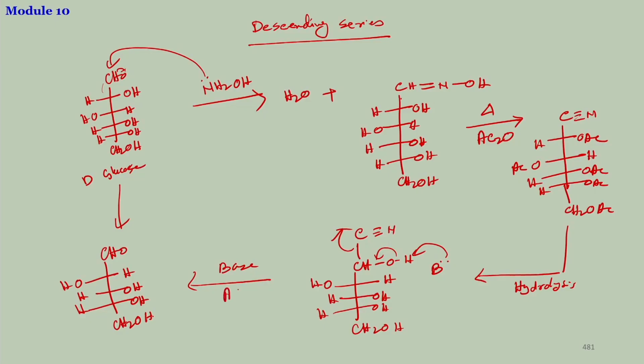You need a mild base, and the reagent is silver nitrate in, it is called ammoniacal silver nitrate, right, in ammonium hydroxide, which is known as the ammoniacal silver nitrate.